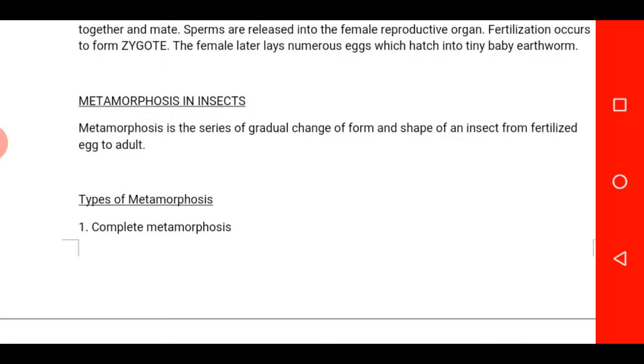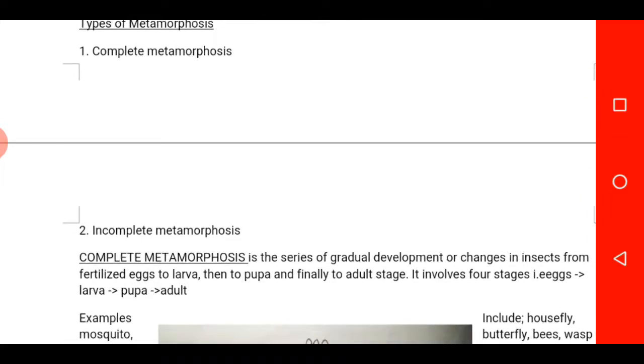We are saying that it is a series of gradual development in insects in which the organism develops from egg till it reaches adult stage. We have two types of this process, that is metamorphosis: complete metamorphosis and incomplete metamorphosis.